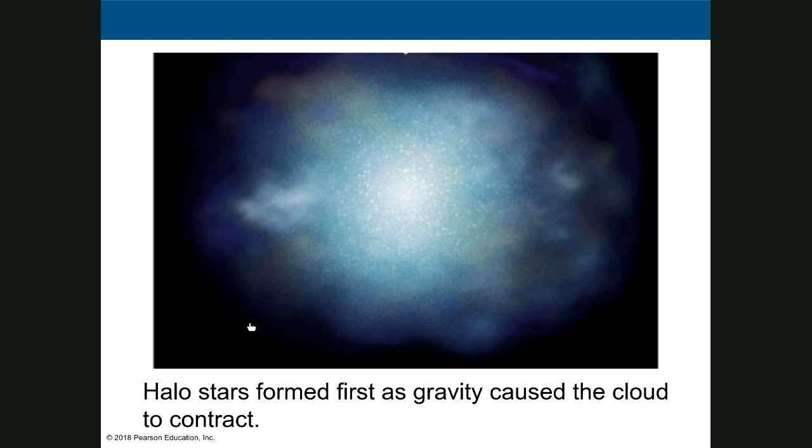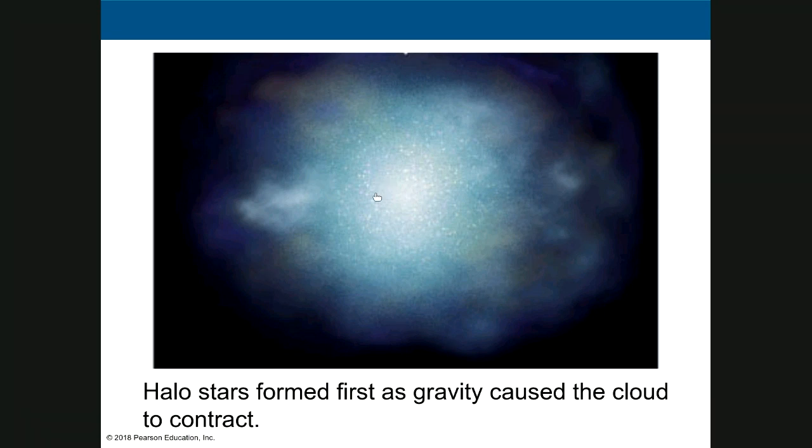What I mean by that is that parts of it would be causally unconnected because they're moving away from each other faster than the speed of light. And so as the universe gets bigger and parts of it move away from each other faster and faster, some of this gets locally bound, and other parts of it go away. And then once it's locally bound, then it can start collapsing.